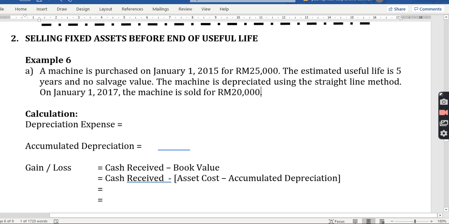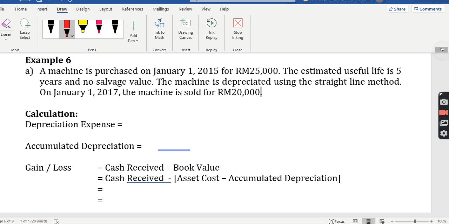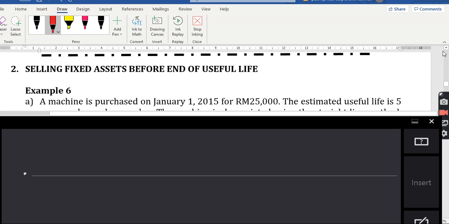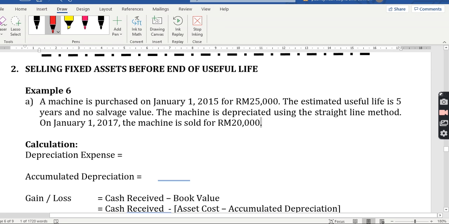The estimated useful life is 5 years and there is no salvage value. Given in the question, the machine is depreciated using the straight line method, and on January 1st, 2017, the machine is sold for 20,000. As you can see, the machine was bought in 2015 and will be depreciated for 5 years.